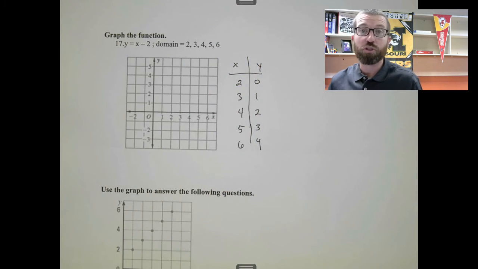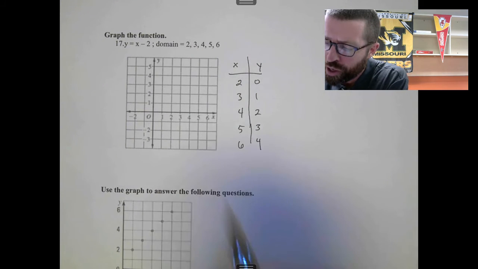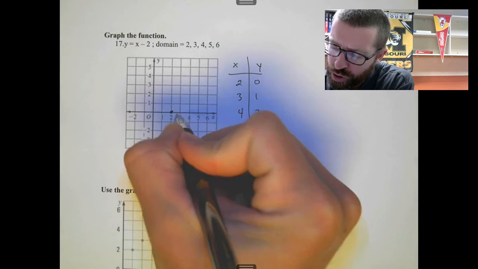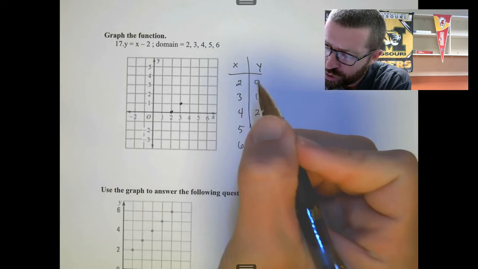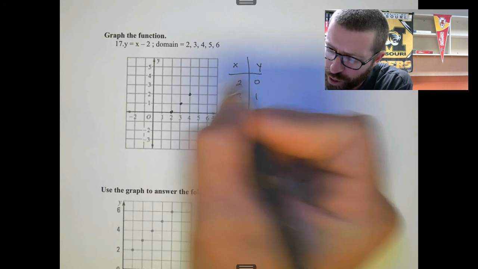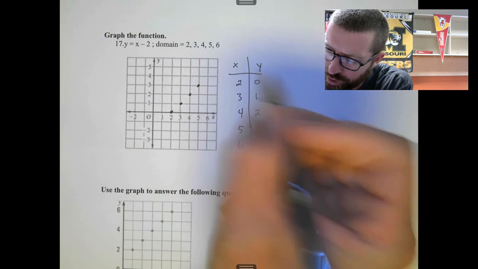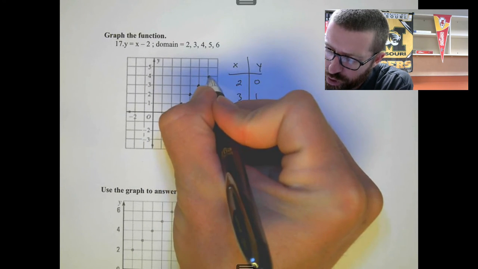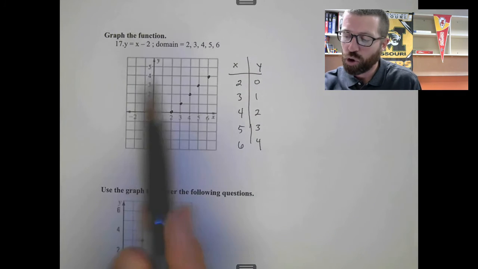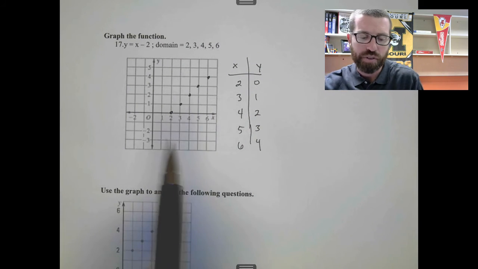So take a minute to look at those, make sure you understand where those values come from, and then just plot your points carefully. 2, 0, 3, 1, 4, 2, and hopefully you can start noticing the pattern too, because this is a line. But do not connect the dots. If you connect the dots, it's incorrect, because we're told the domain are only these specific values, not everything in between.